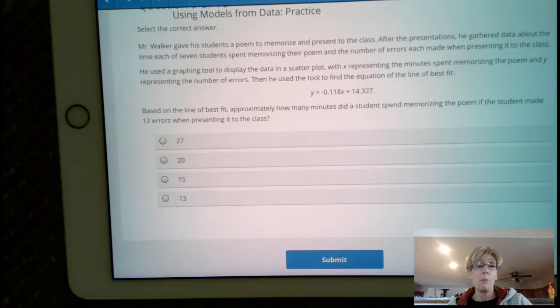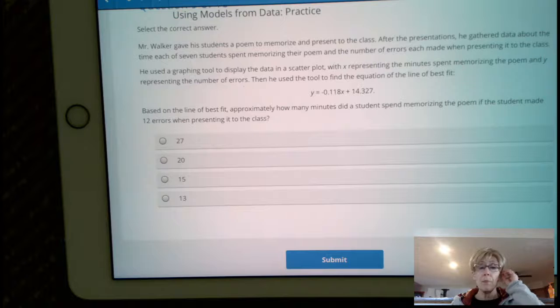So in this problem, we're given 12. That means when we go to solve this, we are putting y equals 12.